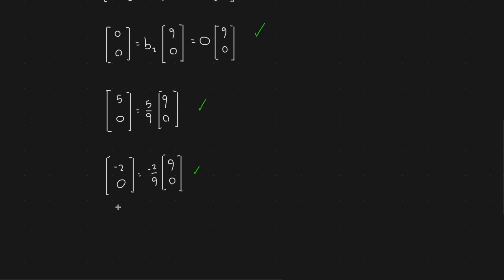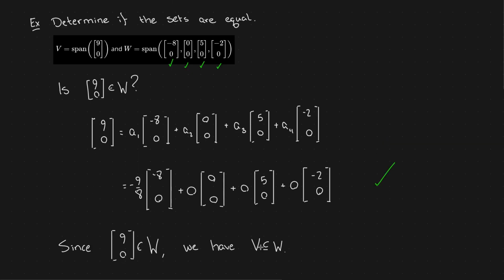Okay, so that means vector W is also a subset of vector V, since every vector in the spanning set of W is also in V, can be expressed as a linear combination of this vector 9, 0.